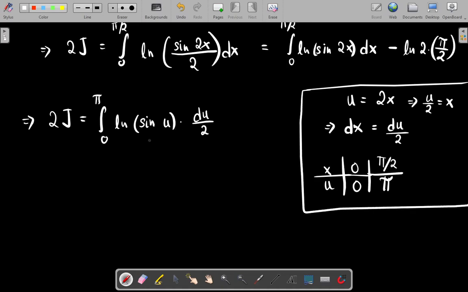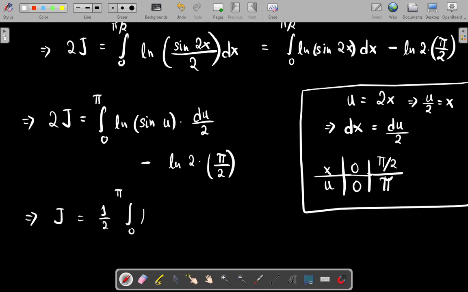Okay, and we are left with ln 2 times pi by 2. So again, if I divide this entire right hand side by 2, we get j equal to half times the integral from 0 to pi, and here for a definite integral, this sin u du can be replaced with the other dummy variable sin x dx.